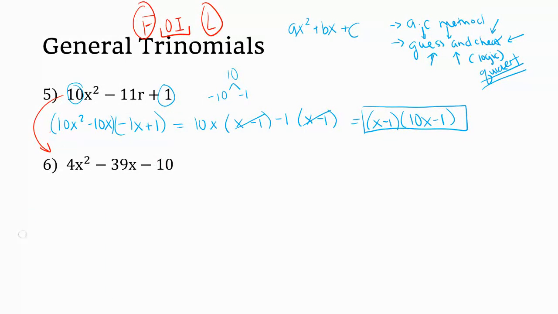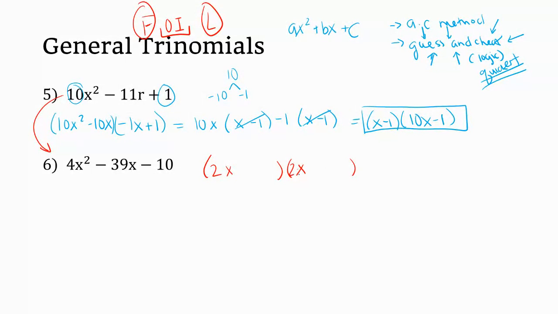Okay, so I might not get it right away. I actually don't know the answer. So 4 and negative 10 is what my focus is going to be on. So let's say I did 4x and x. And then negative 10, let's say I need it to be 39. So 5 and 2 isn't going to do it because I would have a 20 and a 2. You know what? Maybe it's not a 4. Maybe I needed to do 2 and 2.